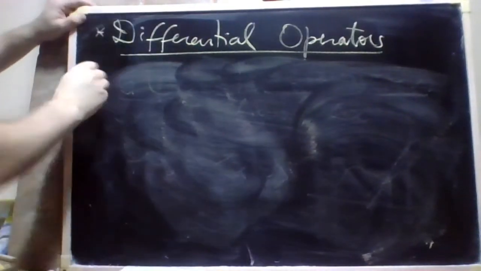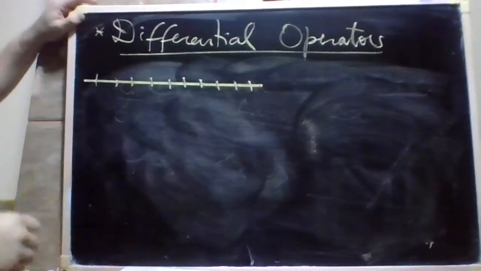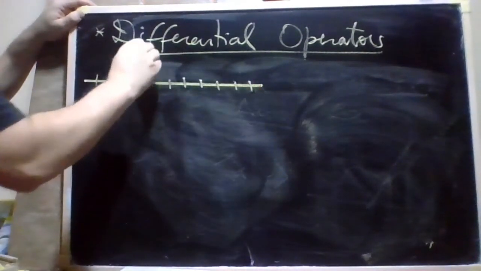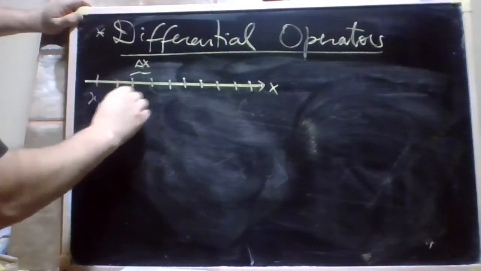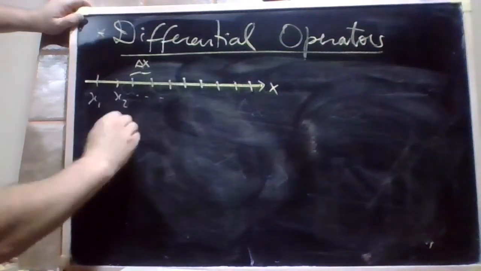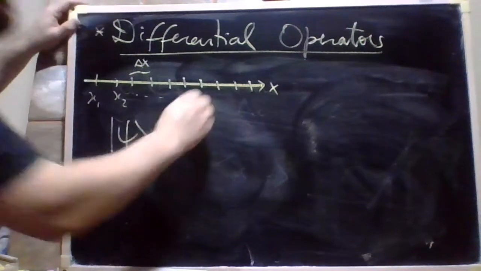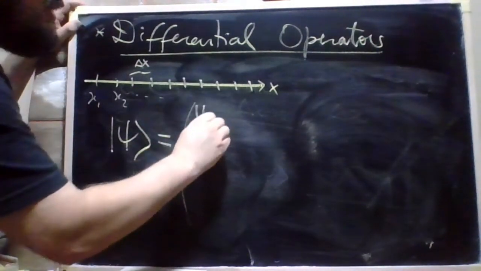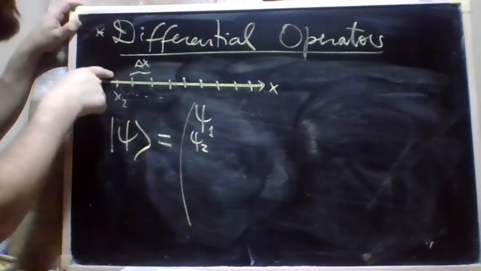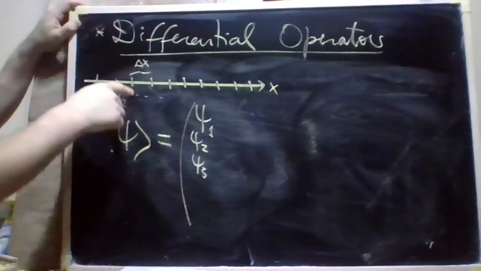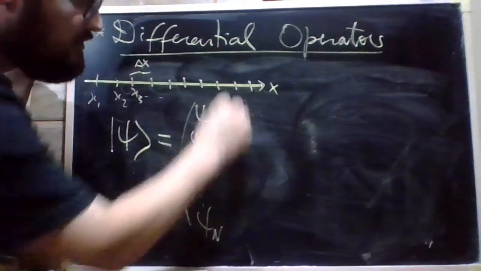I must remember that lines can be discretized. So we have a delta x. This is the line of x, x1, x2, and all that. And you can write a vector in the basis of position. This vector corresponds to psi1, this is the value here. Psi2 is the value of the function here. Psi3 is the function at the third point here, and goes to the end point.